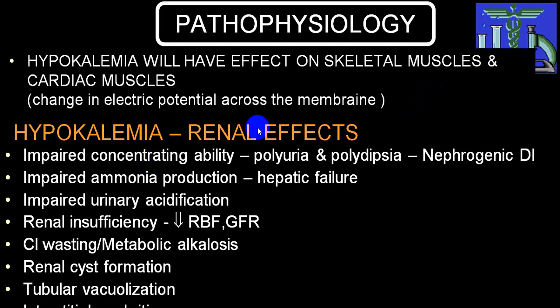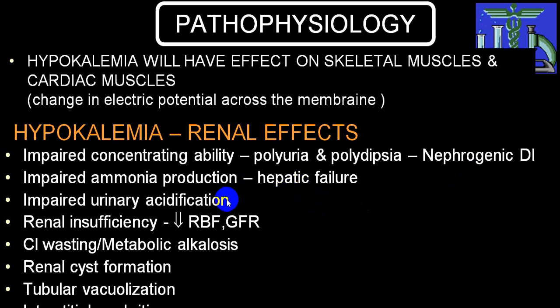Hypokalemia will also have an effect on the kidney because of impaired concentrating ability, polyuria and polydipsia, which is very commonly seen in nephrogenic diabetes insipidus. Impaired ammonia production, like in case of hepatic failure, can worsen.